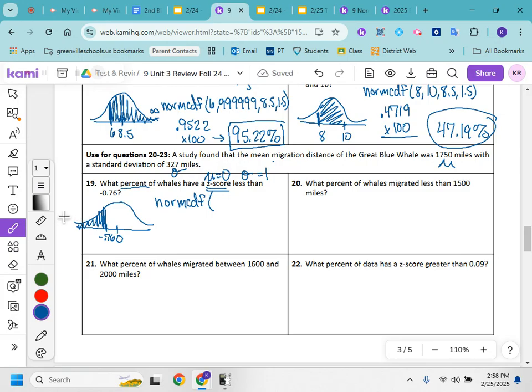So again, negative infinity would be amazing, but we can't do that. So a very, very small number. I always do negative 6 nines to negative 0.76. We have a z-score, so we're using 0 and 1.